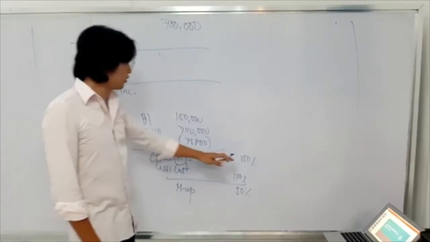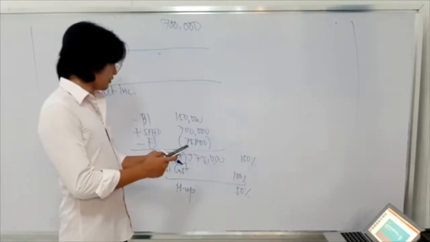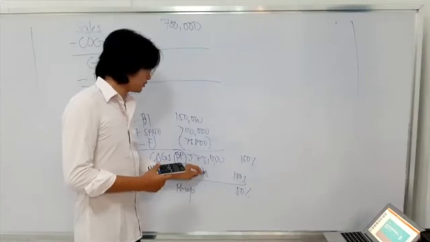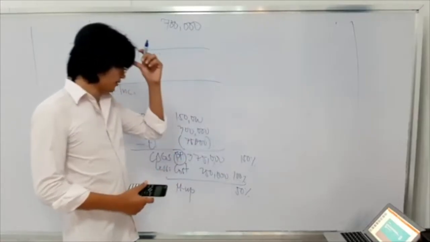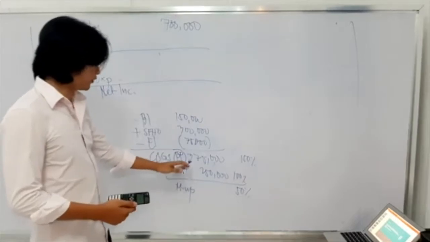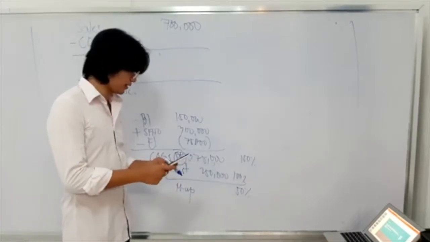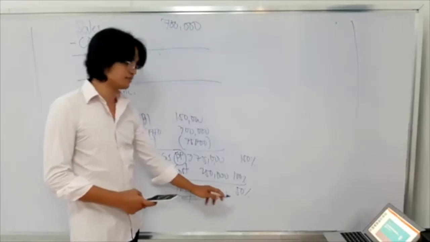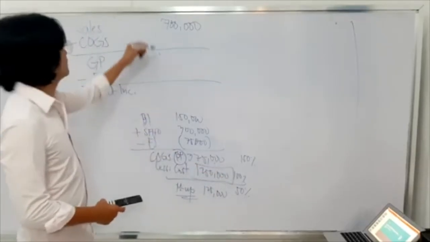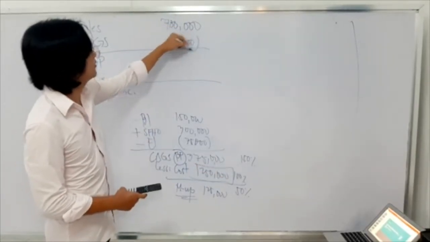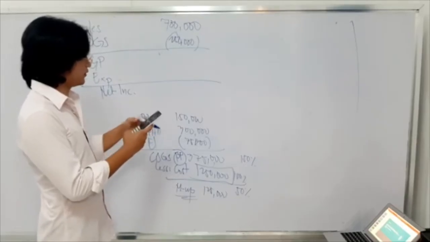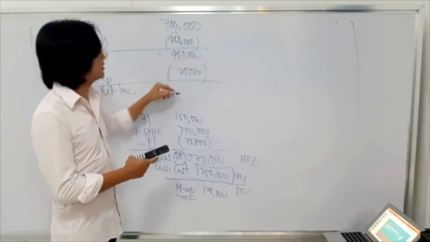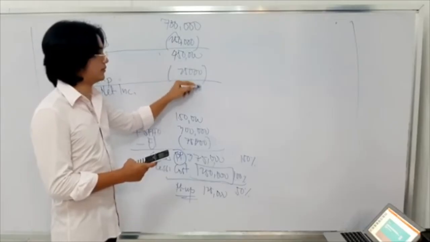So how much is the actual cost of our cost of goods sold? 375,000 divided by 1.5, we get 250,000. Okay. So of course, the difference between 375 and 250, this is your realized markup. So we are going to use this here, 250. So 700 minus 250, you get 450 minus 25,000 expenses, we get 425,000.